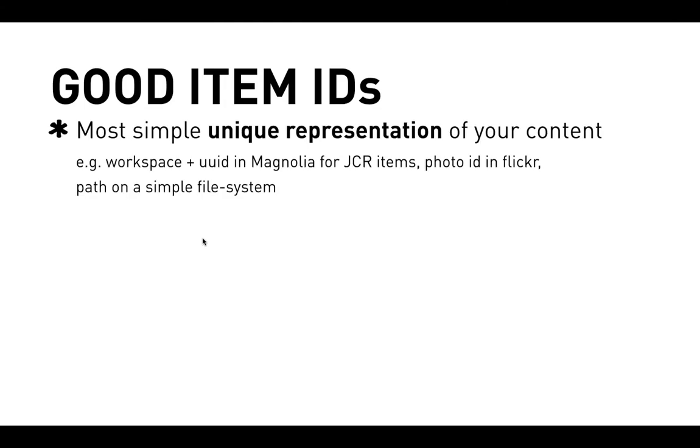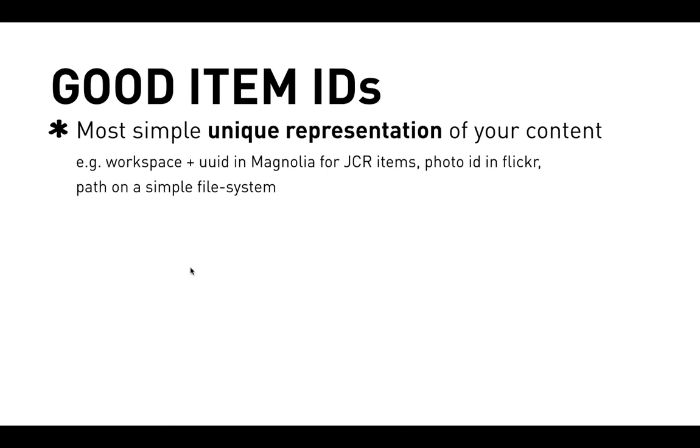While we're talking about containers, one of the methods in the container is get item IDs. Give me the list of all the item IDs that exist on this data source. For this, we need to define what item ID we want to use and what is a good item ID. A good item ID is the most simple unique representation for your content.